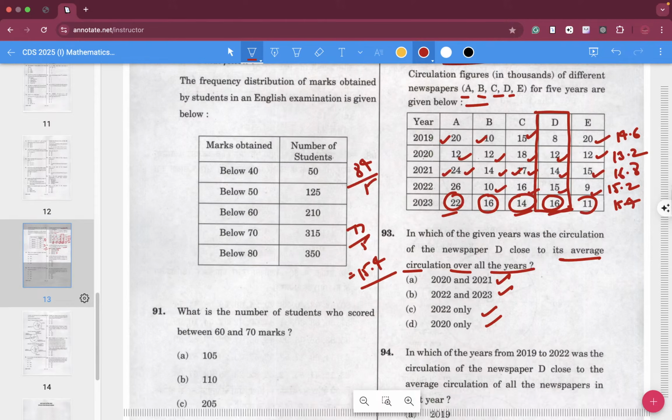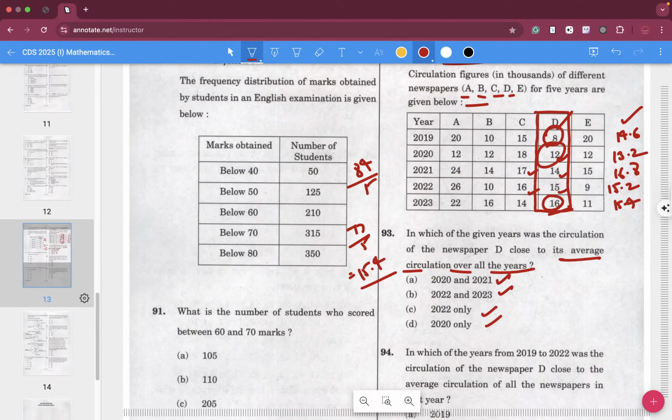So this was the average circulation of all the newspapers in those given years. Now, in which of the given years was the circulation of D close to the average circulation over the years? For D, in 2019 the circulation was 8, but the average circulation was 14.6.